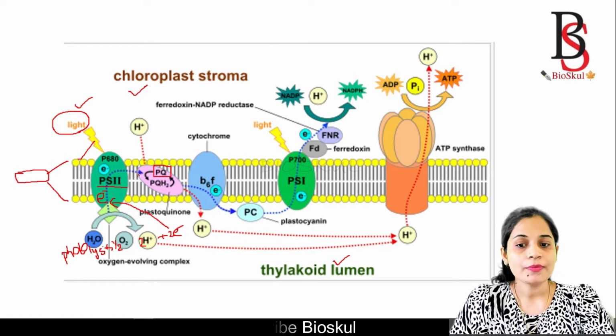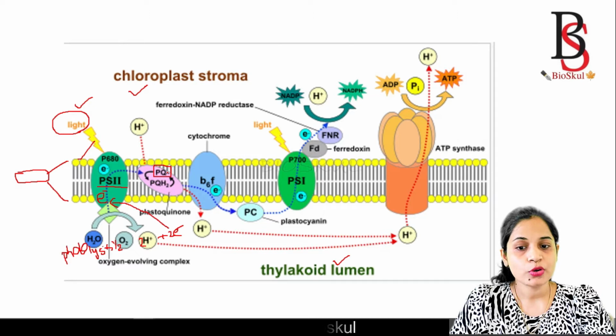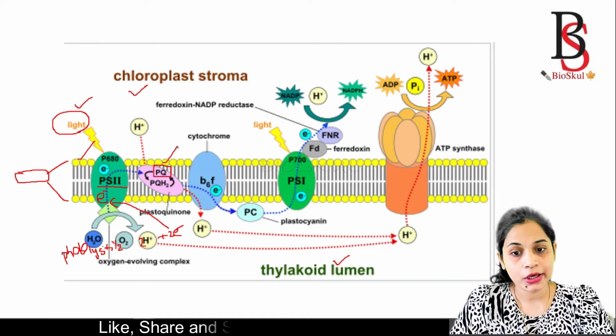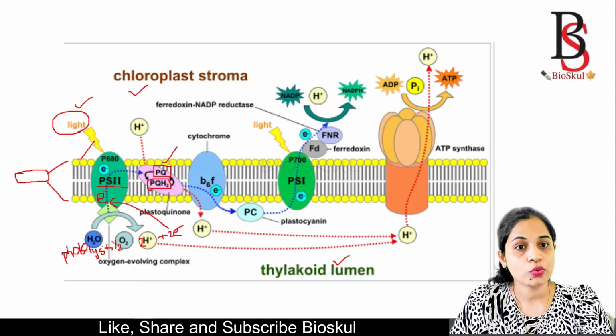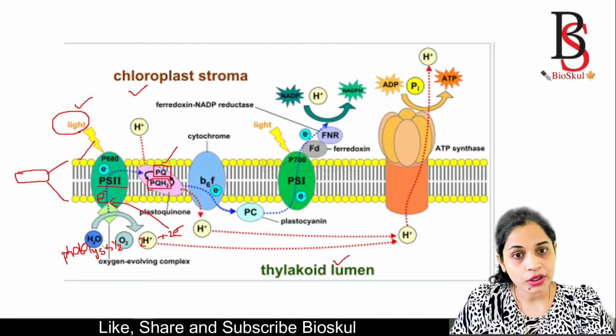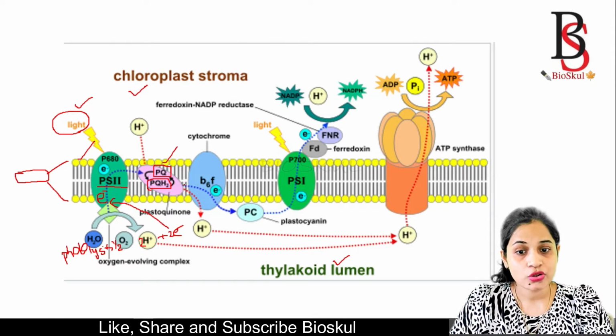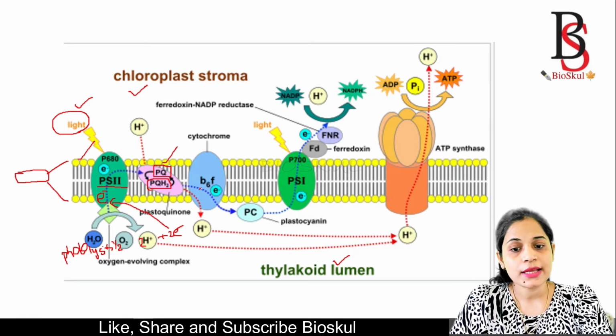After the electron moves from photosystem 2 to the first electron acceptor, plastoquinone, the plastoquinone gets reduced by receiving the electron as well as hydrogen from the stroma into plastoquinol. The electron is then moved to the next electron carrier, the cytochrome b6f.